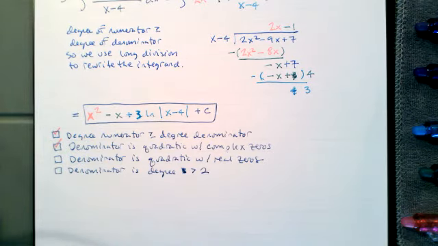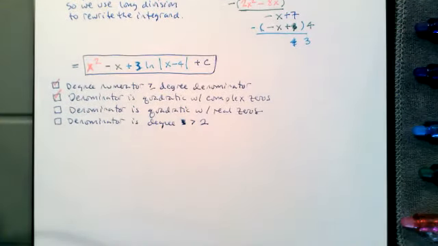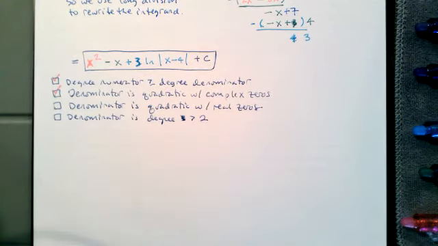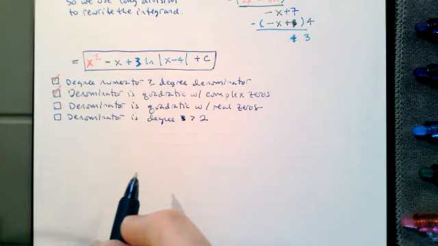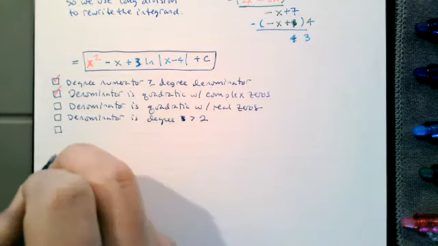All right, let's take a look at what to do if the denominator is quadratic with real zeros. To do that, we're going to go back, since this is going to be an algebra thing. There's one more case here that we'll fill in later.